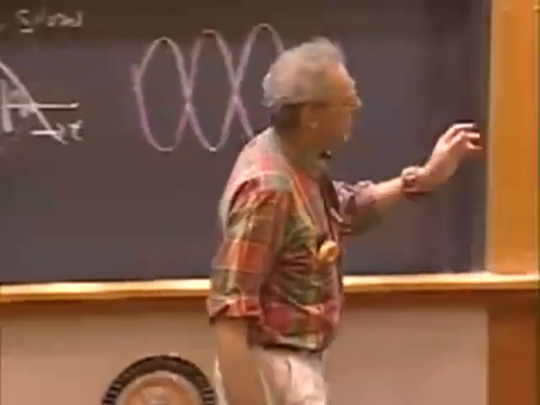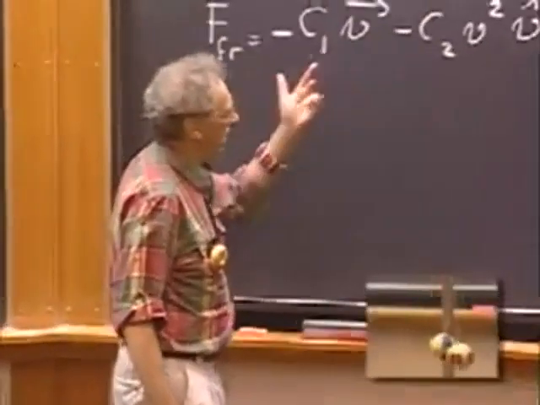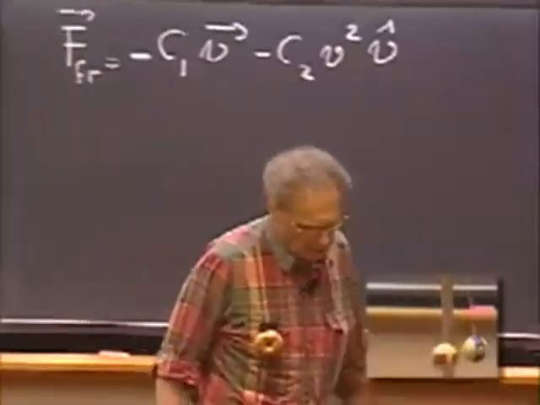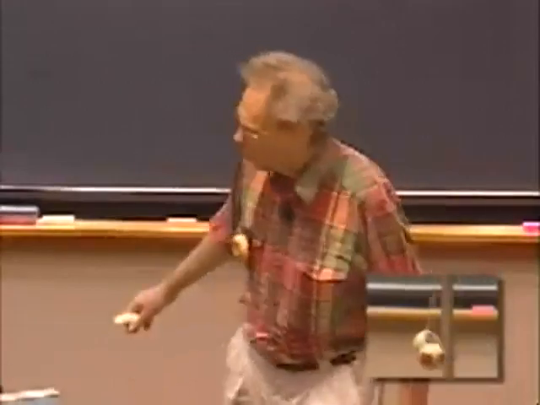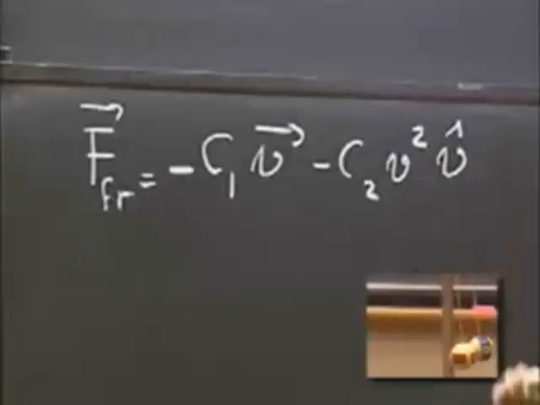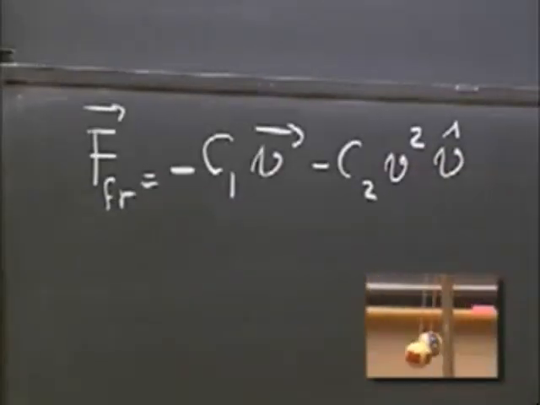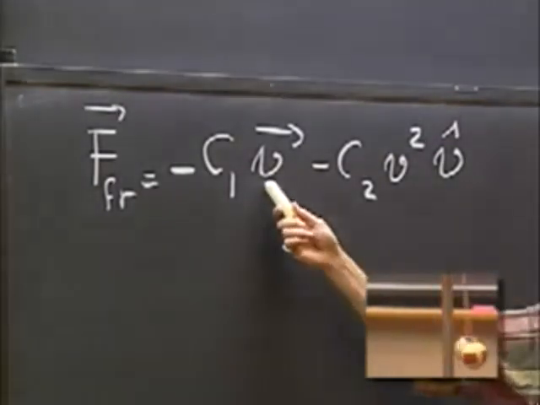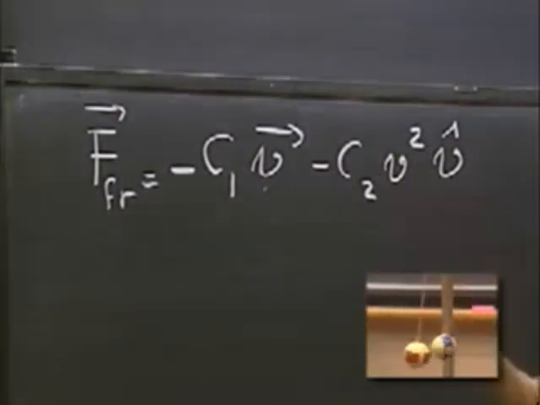This term has a name. This is called the viscous term, and the other term is called the pressure term. One is proportional with the velocity, and the other one is proportional with the square of that.